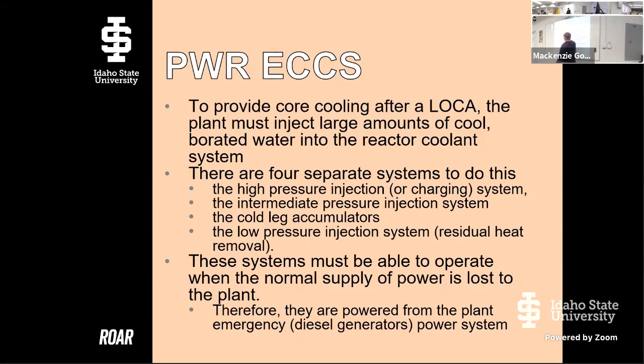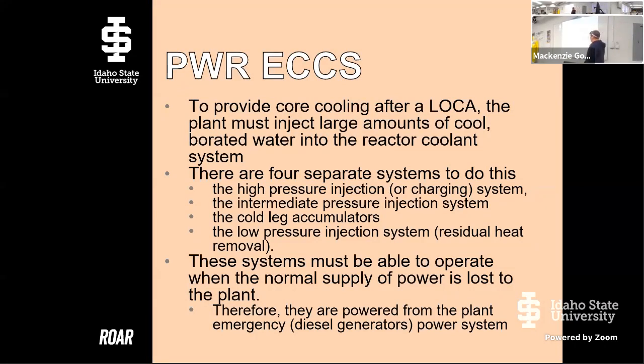In a PWR, there are 4 separate systems to do this, and each one of these has to have some redundancy. So not only are there 4 separate systems, but you might have 2 trains for every single system, sometimes more, okay? There's a high pressure injection system, an intermediate pressure injection system, and the low pressure injection system. There's also the cold leg accumulators.